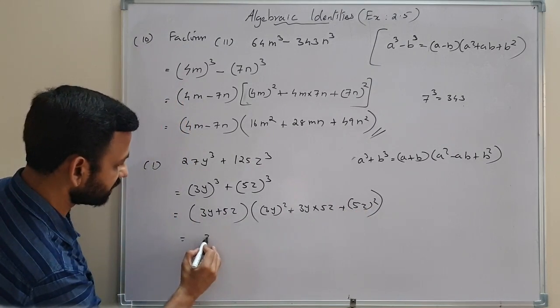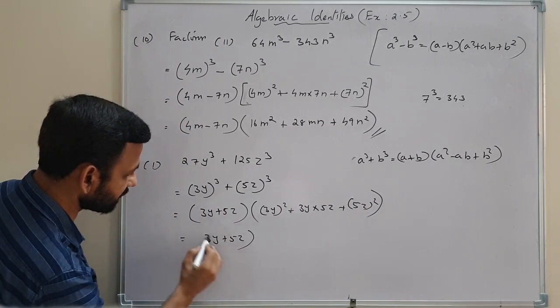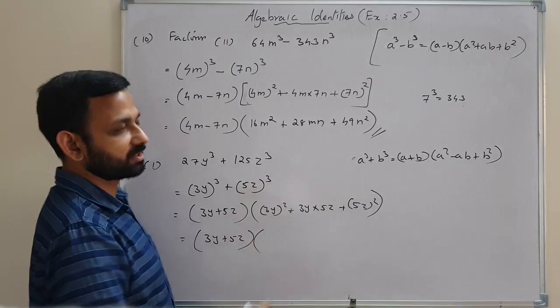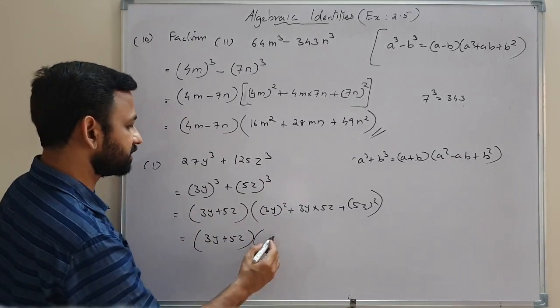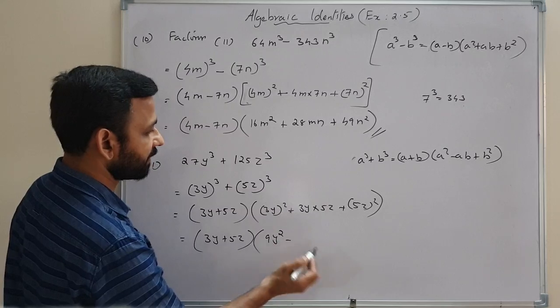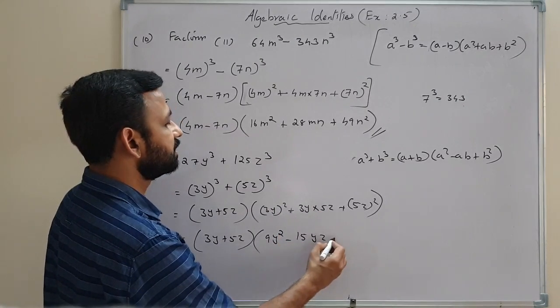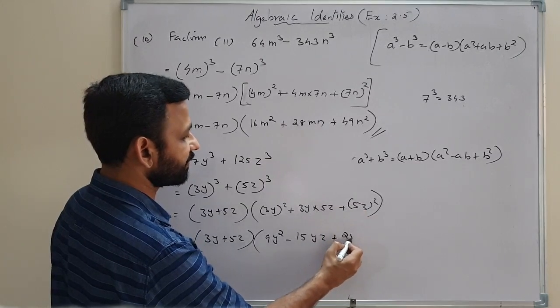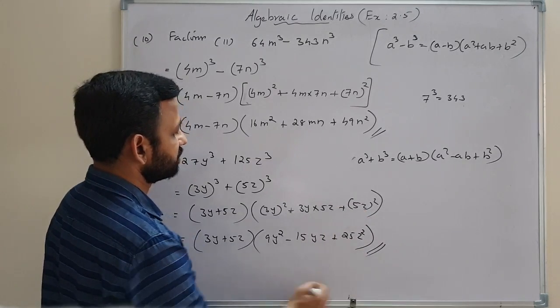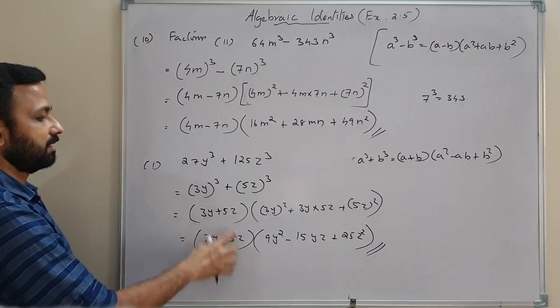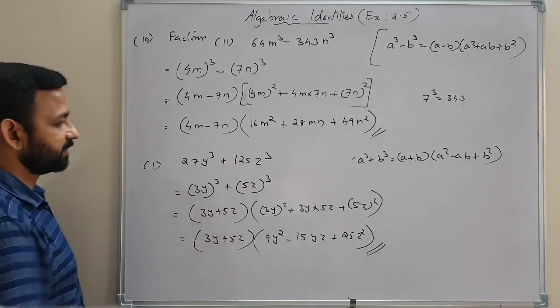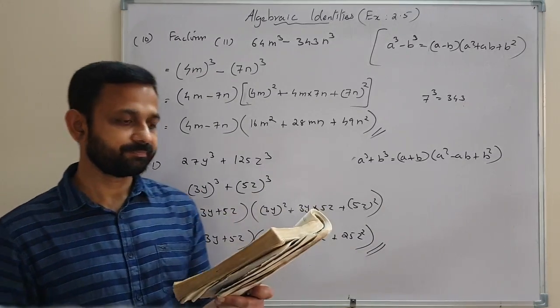Then one more step: 3y plus 5z into 9y square minus 15yz plus 25z square. So that is the answer of the first part.